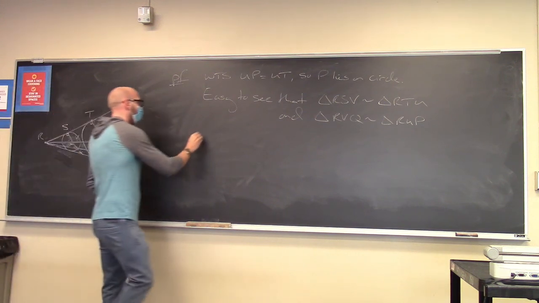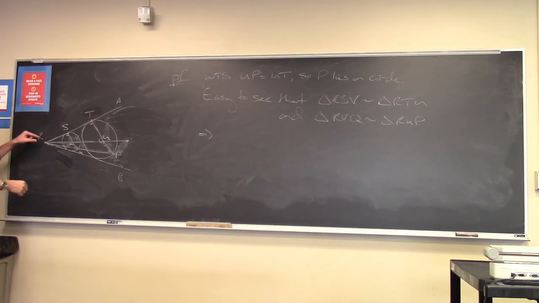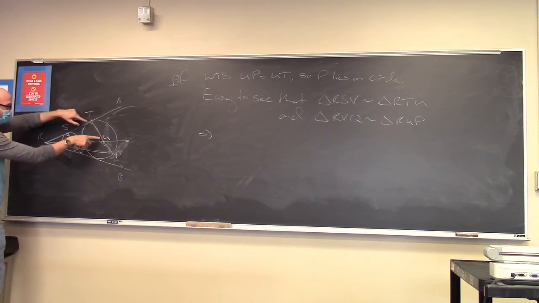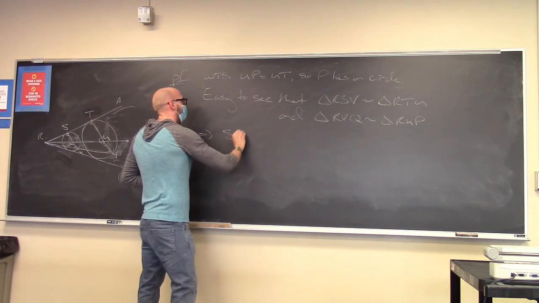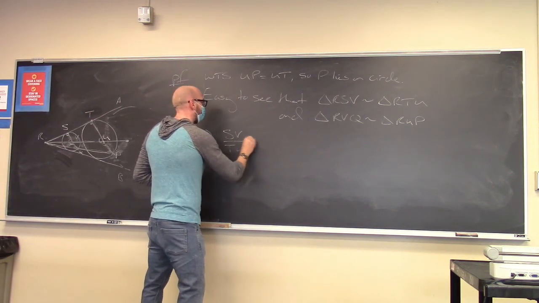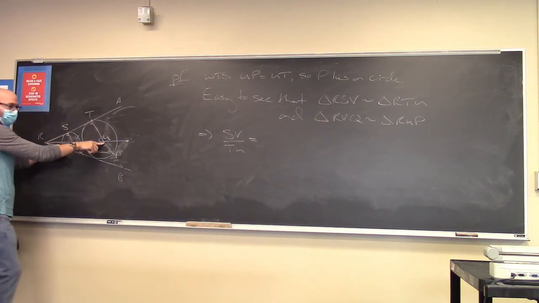Okay. What does that mean? Well, because these two triangles are similar, they are in the same ratio in side length, so SV over TU is the same ratio as RV over RU.